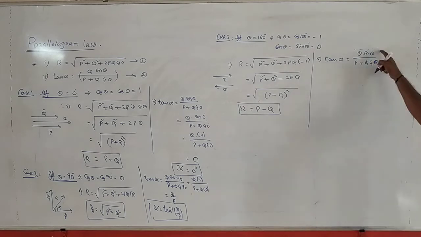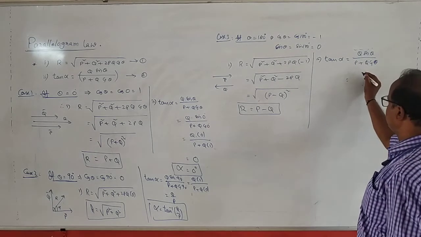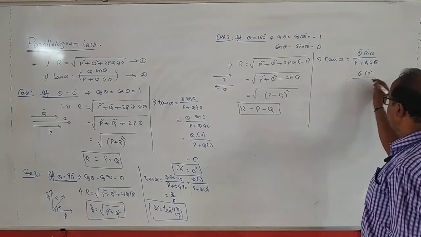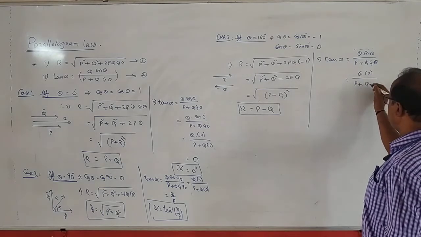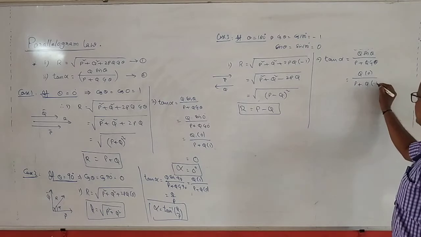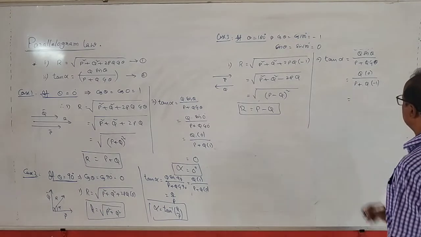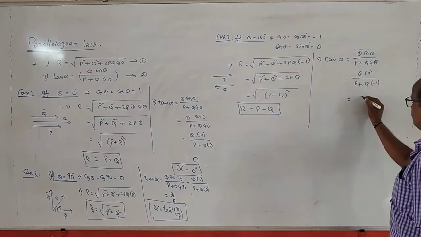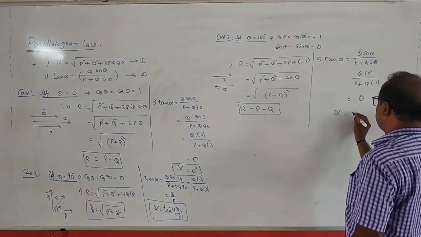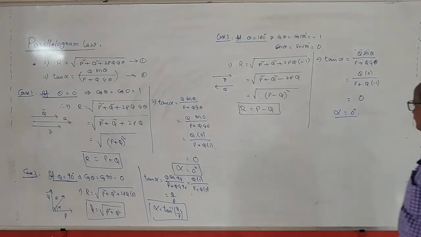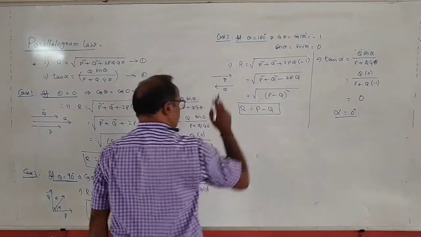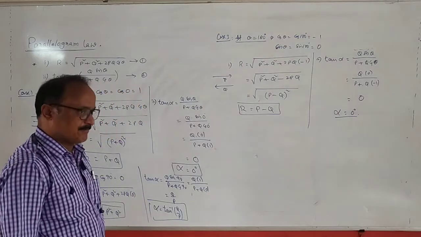That is q into sin 180, which is 0, by p plus q into cos 180, which is minus 1. So that is equal to 0 by p minus q. 0 by something is equal to 0 and alpha is also equal to 0. That means the resultant vector is in the direction of p bar.